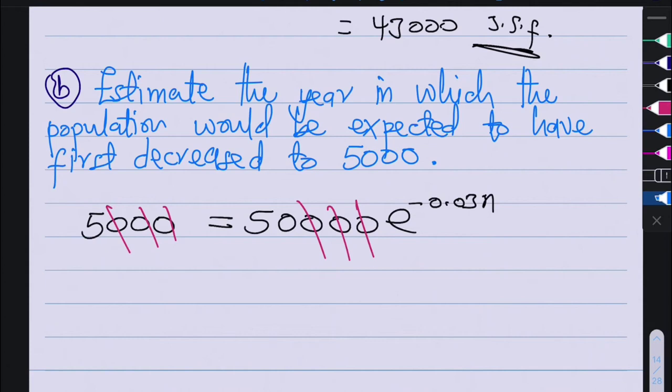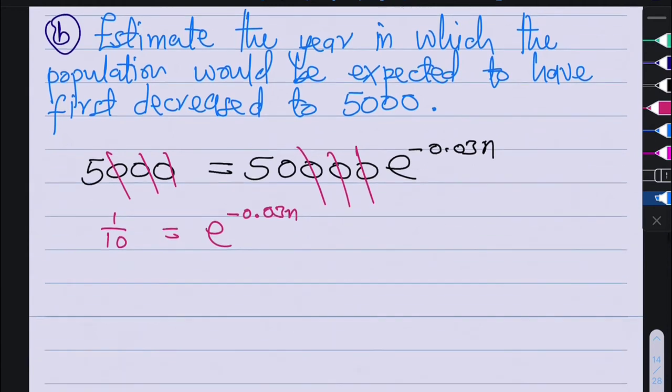Okay, and then you can divide both sides by 50. So you have 50 over 5. That's 1 over 10 is equal to e to the power negative 0.03 n. So you can take the ln of both sides. I think we can just write 0.1 at this point.